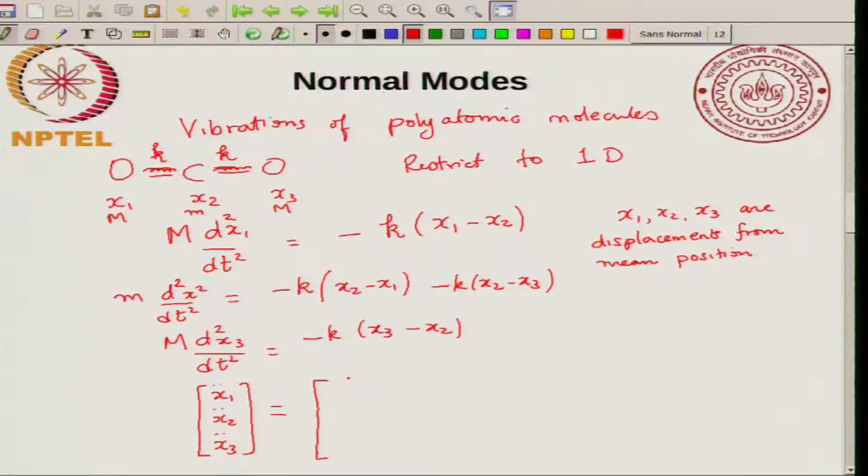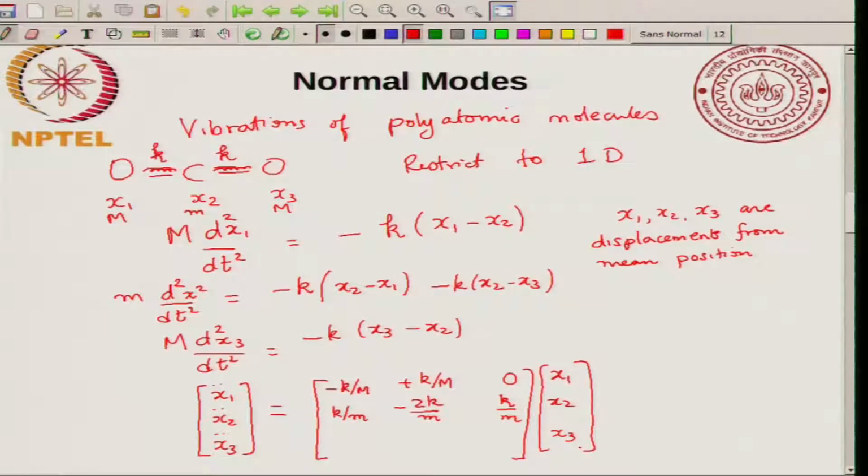So, x double dot is minus k by m x1, so minus k by m, and then plus k by m x2, and 0, and then here you have plus k by m, and for x2 you have minus 2k by m, and for x3 I have k by m, multiplied by x1, x2, x3.